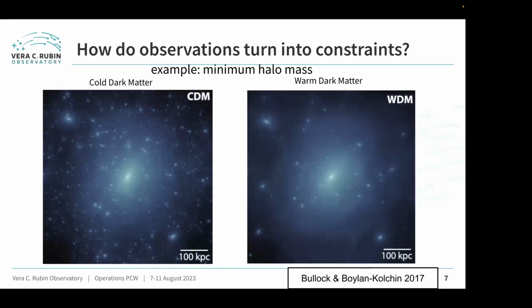We generally think of things as being cold dark matter, but there are other models we can imagine that change cold dark matter, and here's an example of warm dark matter. Hopefully you can see that on the left is a simulation with cold dark matter, and on the right is warm dark matter. In the warm dark matter simulation, the substructure is a lot smoother, so there are fewer small details.